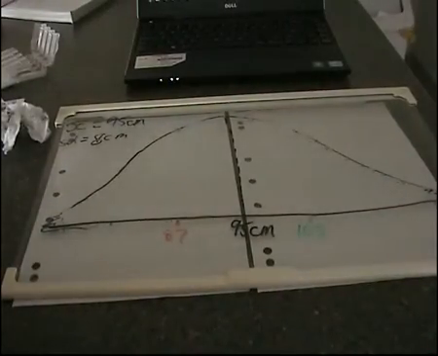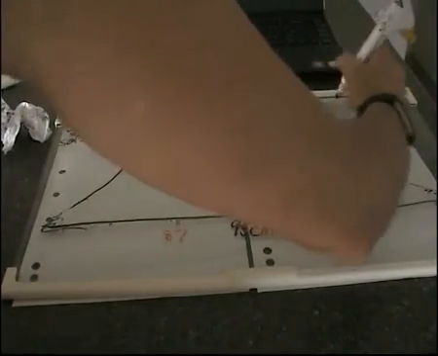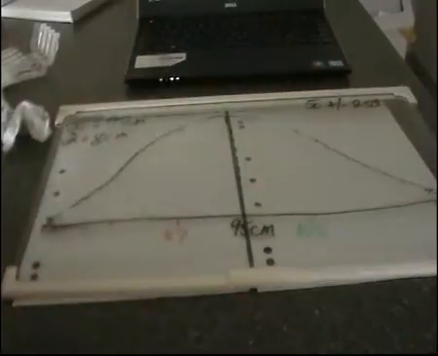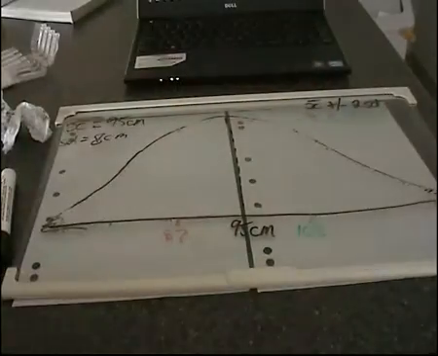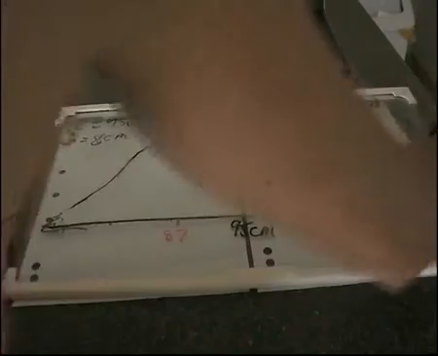So let's do our 2 standard deviations. We go X bar plus or minus 2 standard deviations. Let's start with our plus: 95 plus 2 times 8 equals 111.